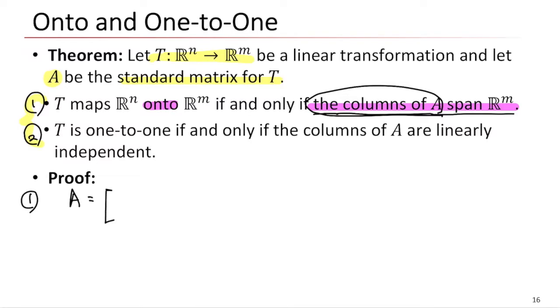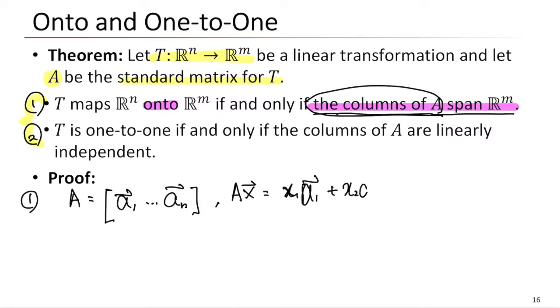Let's say matrix A consists of column vectors something like this, right? Then in this case, A times x is going to be x1 times a1 plus x2 times a2 plus up to xn times an, right?